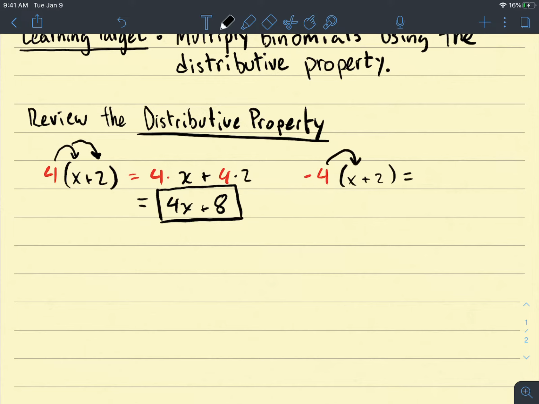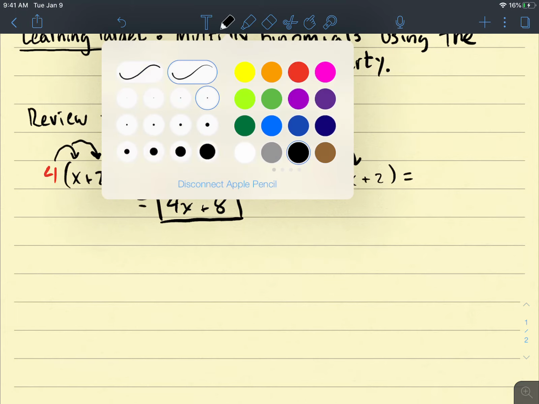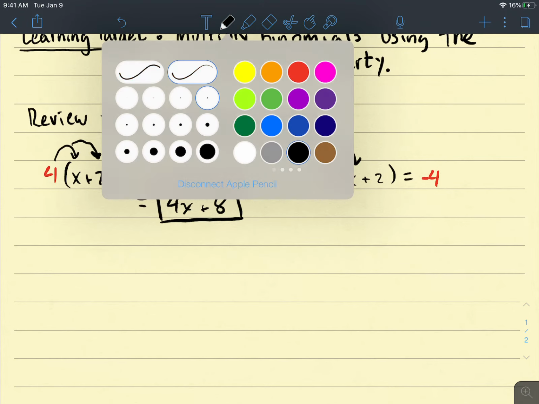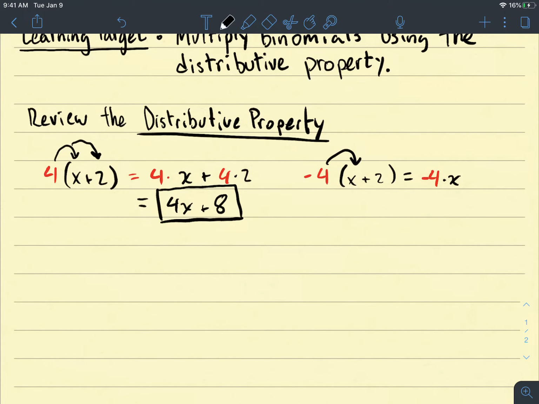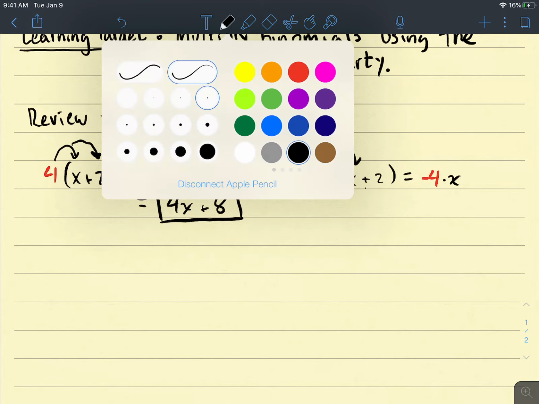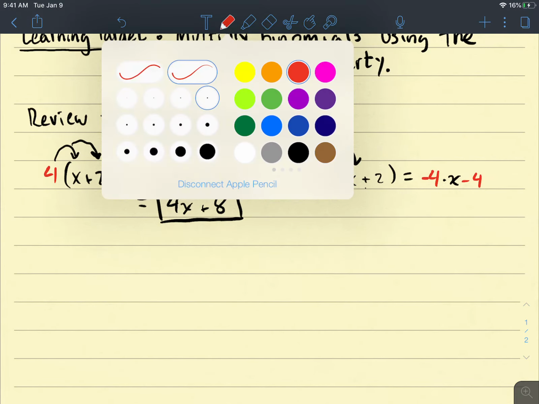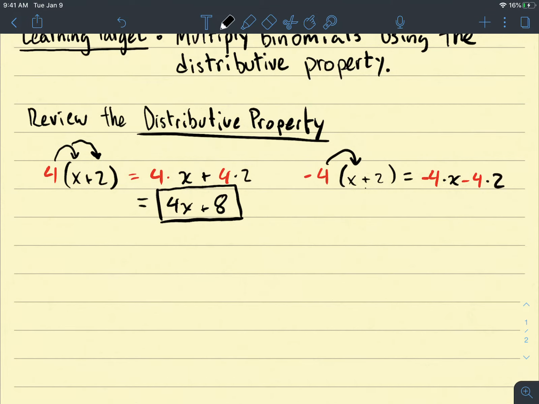We're going to have negative 4 times x, that's negative 4x. You keep the plus, and then a negative times 2 gives us a negative. So we carry the negative 4 and times 2. That's going to give us negative 4x minus 8.